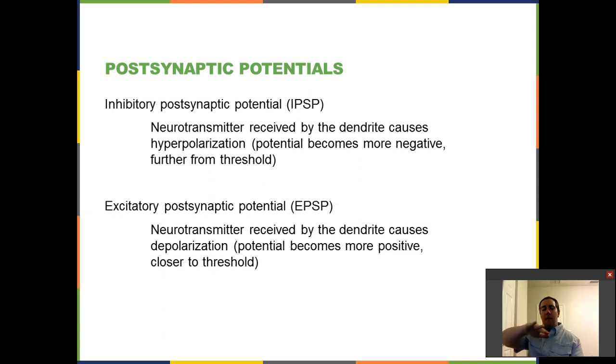Now it's going to come up until we hit a certain number. What is that number? Negative 55, and we call that threshold voltage. When we hit threshold voltage, our voltage is now going to spike very fast. Why?